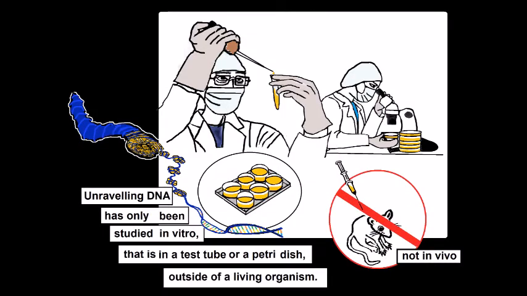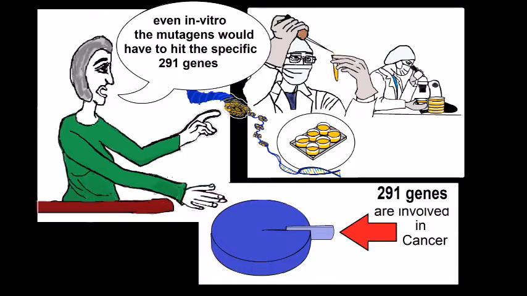Unraveling DNA has only been studied in vitro, that is, in a test tube or a petri dish, outside of a living organism, not in vivo. Even in vitro, the mutagens would have to hit the specific 291 genes.